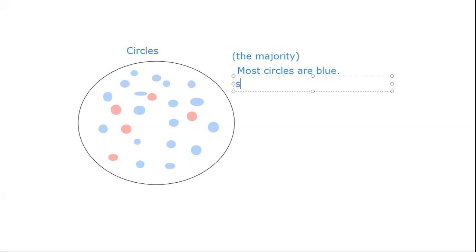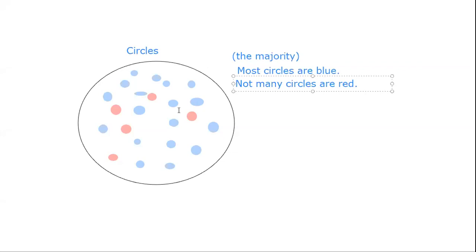Let's give it some, or not many. But few is okay. It's your interpretation. But just remember that in percentage, we have 18 blue, so we have 5 the others, so we can say not many circles are red. Not many circles are red.